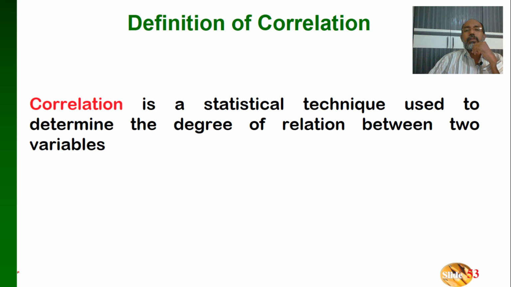What is correlation? Definition of correlation. Correlation is a statistical technique used to determine the degree of relation between two variables. Correlation and relation are two interrelated, interconnected words.